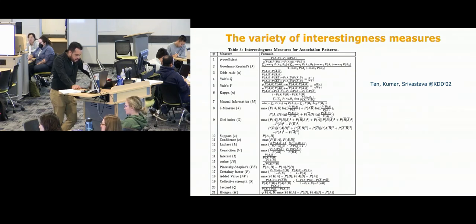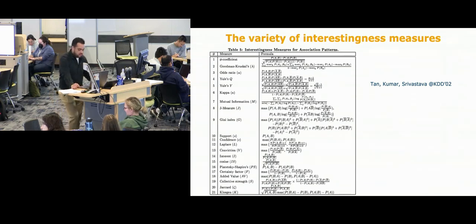Somehow this table does not have the chi-squared. I think this might be an abridged version of that table. But chi-squared statistic and lift are definitely two of the more interesting ones. But there are lots of other ones that you can see.